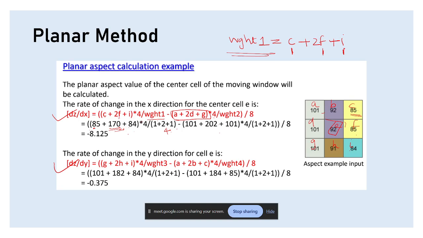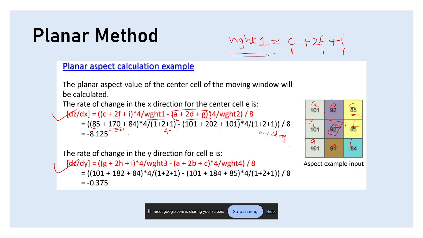But when you write for weight 2, it is A plus 2D plus G. And there for A, D and G, we are giving the value 1 because all those cells A, D and G have valid values. So for valid values, we give the value as 1. I hope that is clear. That is how we are calculating dz by dx over here.